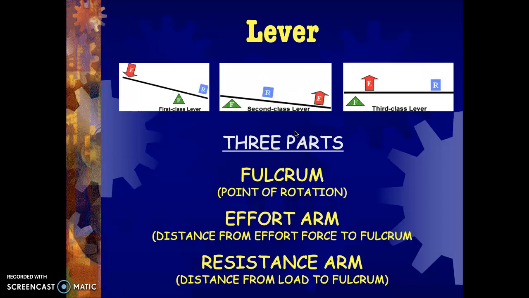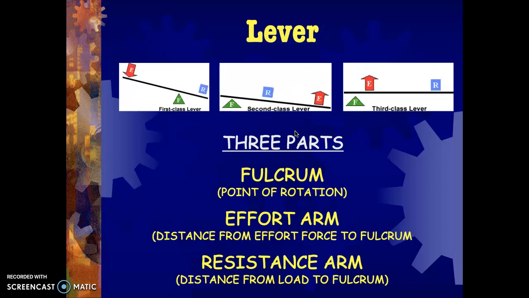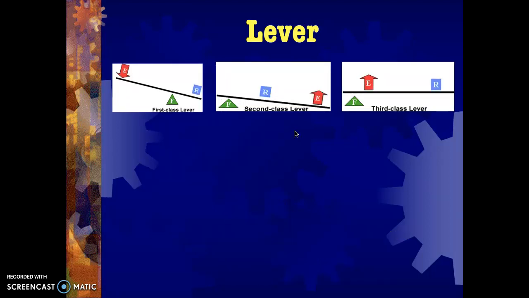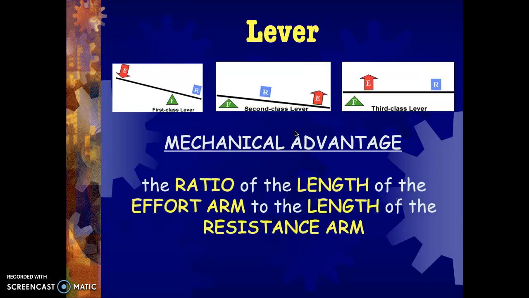The effort arm is the distance from the fulcrum to where you push, or your effort is applied. The resistance arm is the distance from the fulcrum to the object that is being lifted, or the load. Mechanical advantage is simply a ratio.